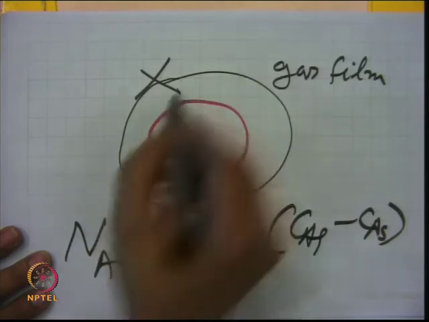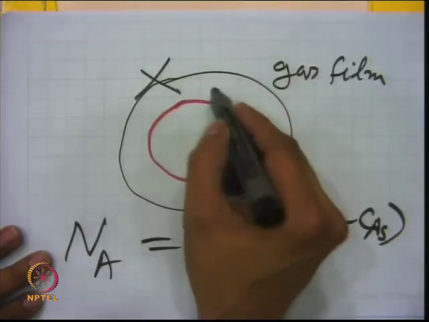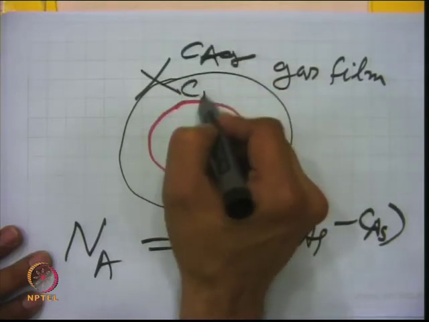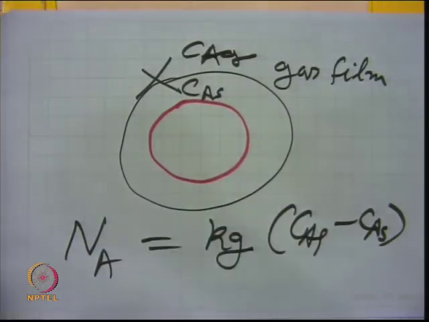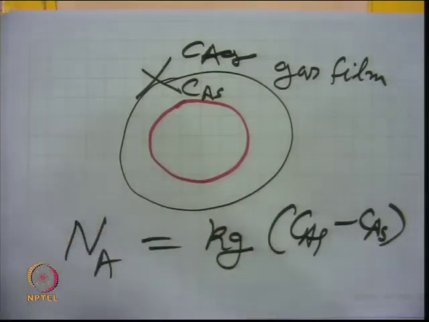So, that is the mass which is transferred per unit area of this film. So, this is your CAG basically, and this is your CAS here at the surface. So, if there is a gradient, then this resistance is important, that is mass transfer coefficient is important, right.